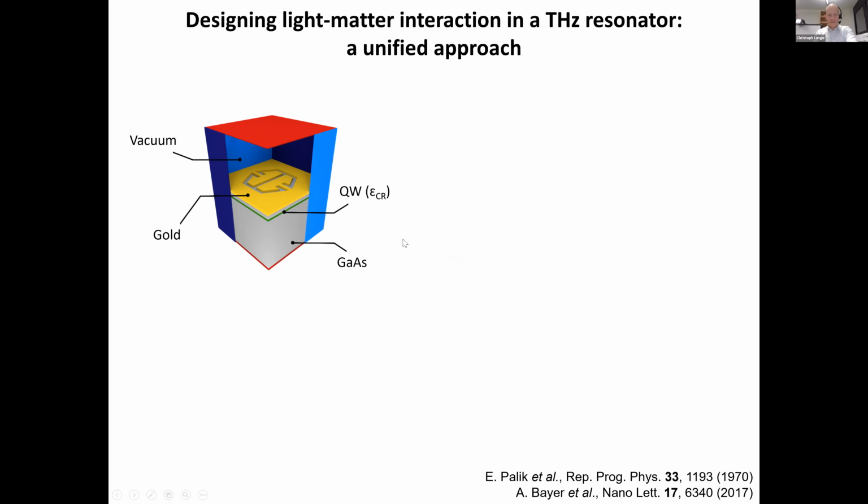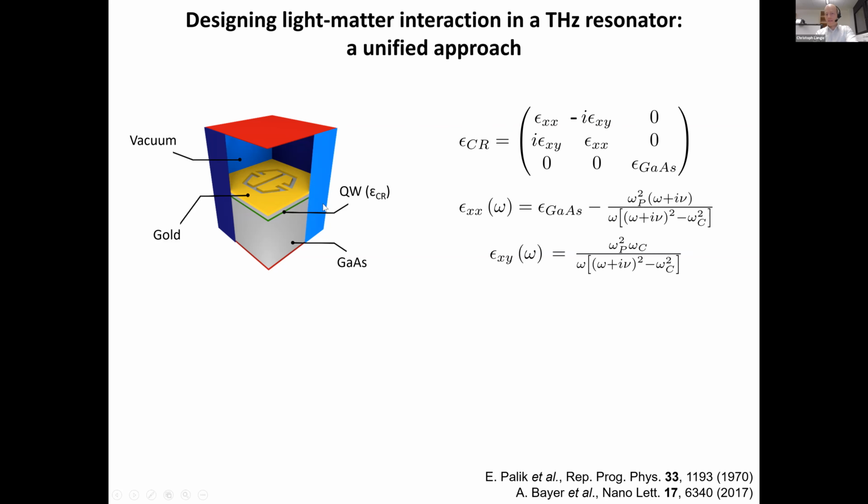The common recipe is to design a structure and to calculate its near field profile in the following way. This is an example unit cell with one of our resonators here. We then implement the electronic excitation, if that is necessary, beforehand by its corresponding dielectric function. This is one example here where we investigated cyclotron resonances of Landau quantized electron gases just below the metastructure here.